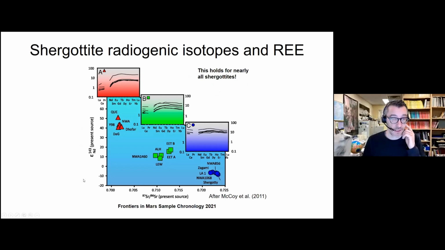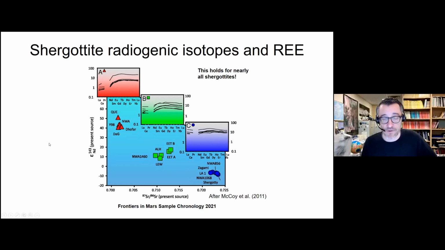This is the epsilon 143 neodymium on the y-axis and the rubidium-strontium 87/86 on the x-axis. You have these groupings: long-term incompatible element enriched rocks shown down here in the blue, long-term incompatible element depleted rocks shown up here in the red, and you have intermediate ones.